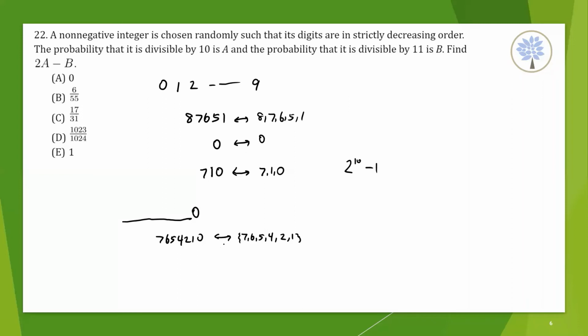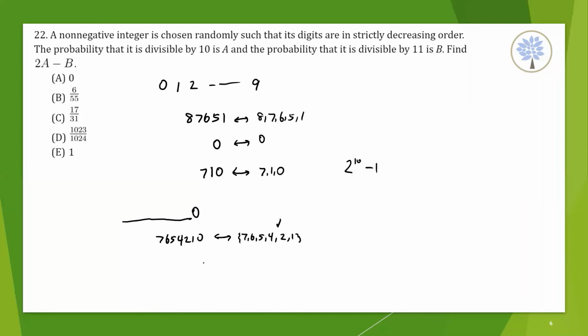This correspondence is a bijection between the subsets of digits from 1 to 9 and non-negative integers whose digits are in strictly decreasing order and whose last digit is 0.